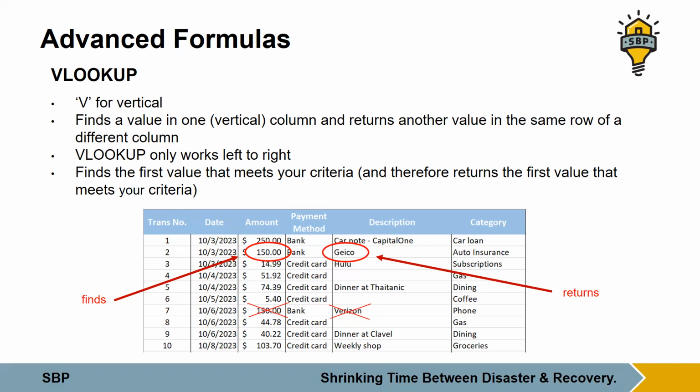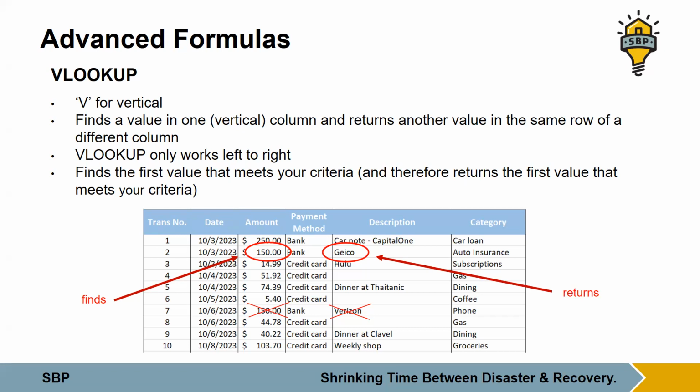So VLOOKUP is V for vertical. It finds a value in one vertical column and returns another value in the same row of a different column. So if I'm looking for 150, and I say I want it to return the description from that column, it'll return Geico. VLOOKUP only works from left to right.